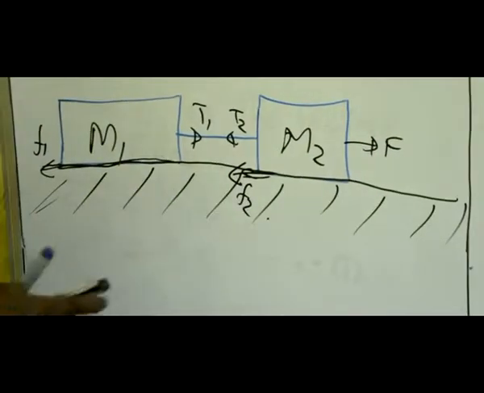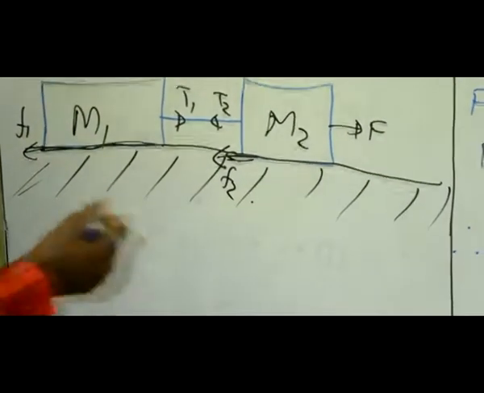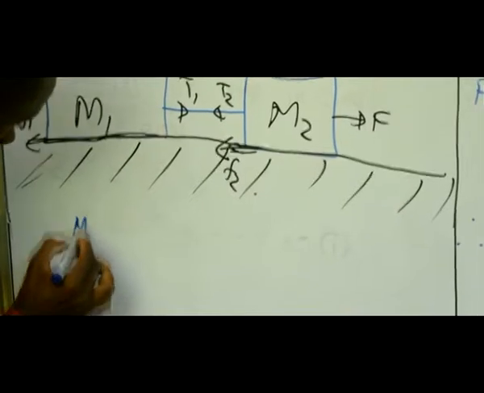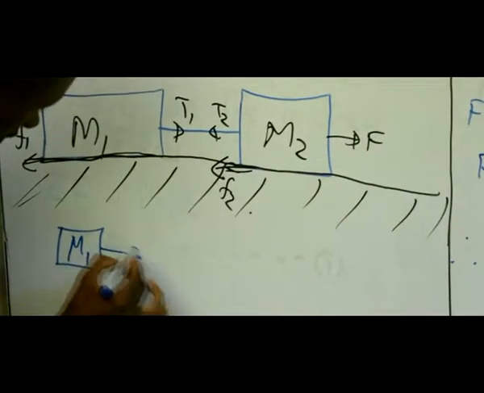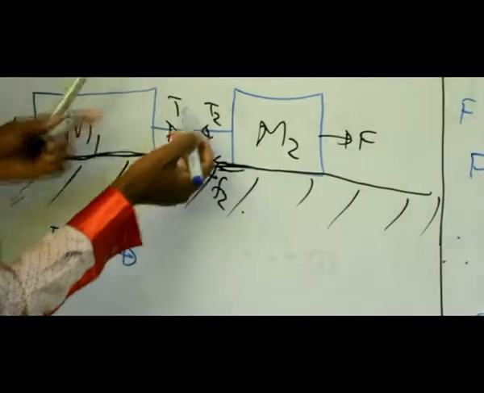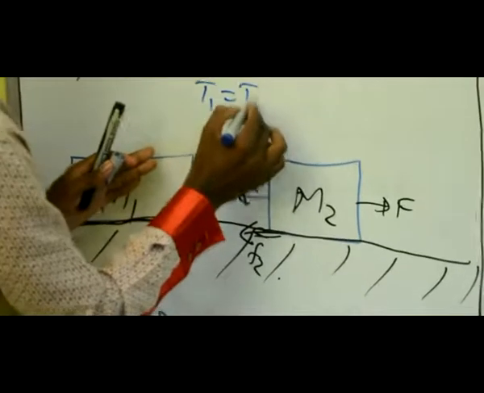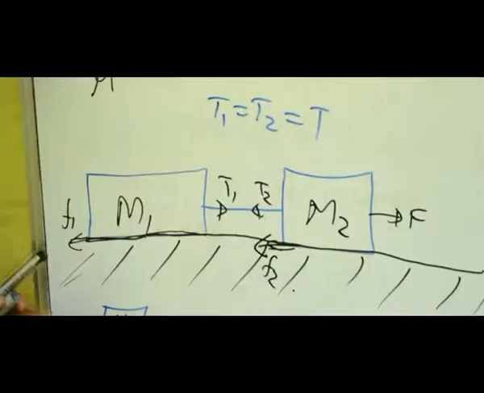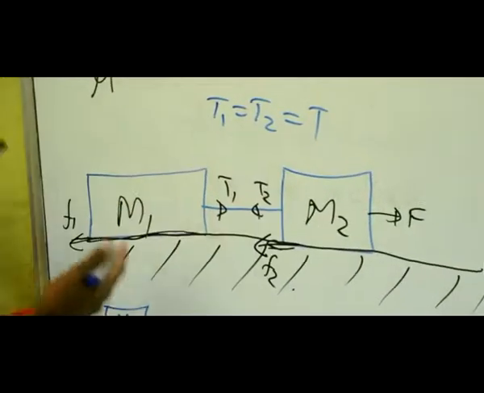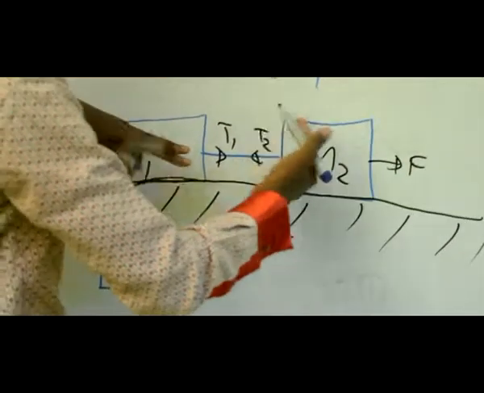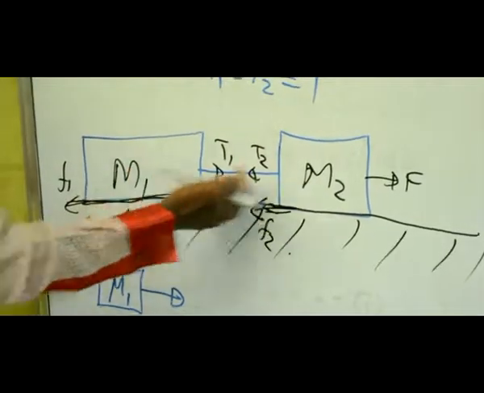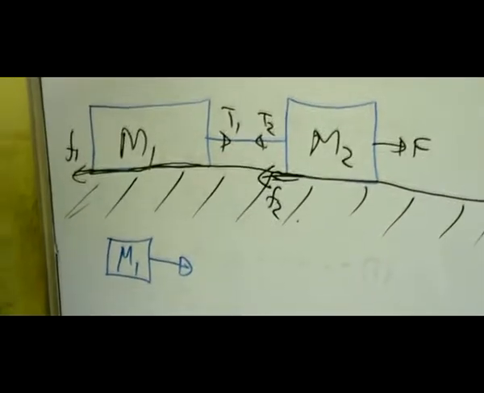So the free body diagrams for these two masses. For M1, there is a tension T1, but T1 equals T2 equals T, because the string or the rope or the chain is the same in both mass 1 and mass 2.